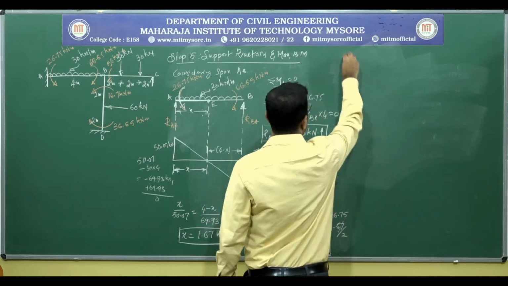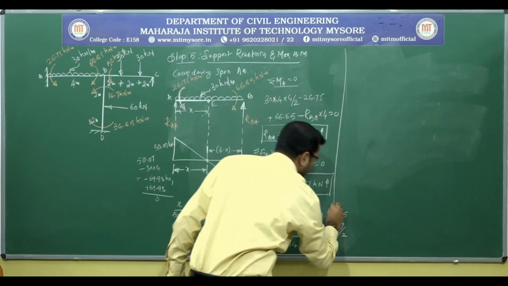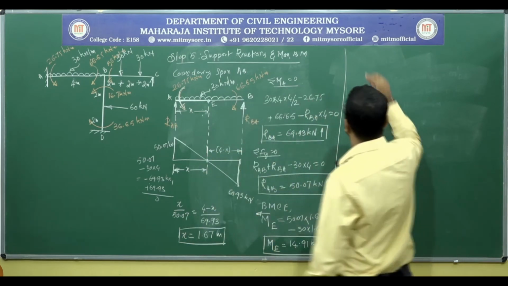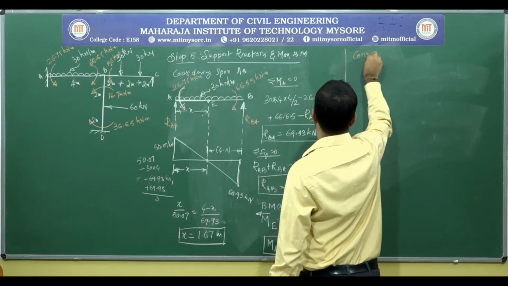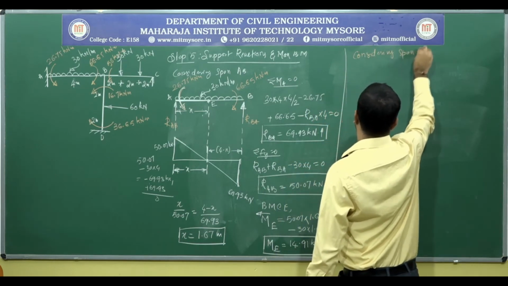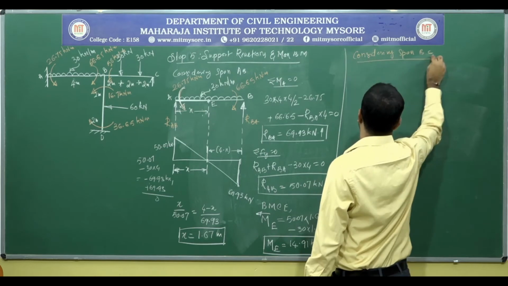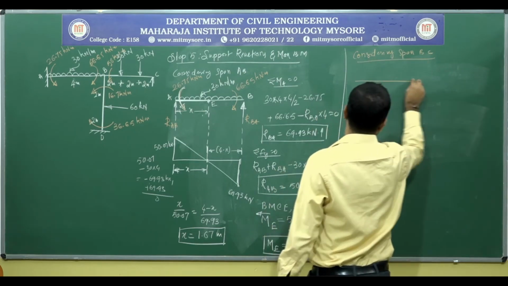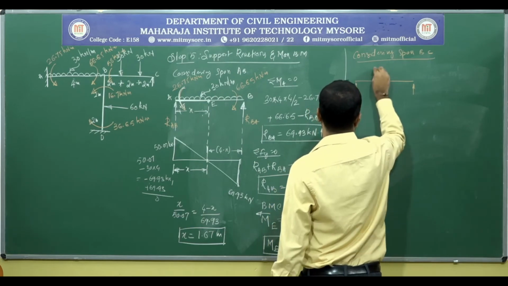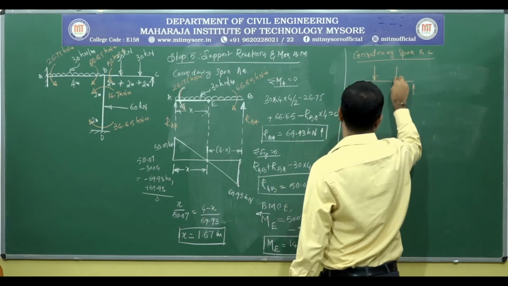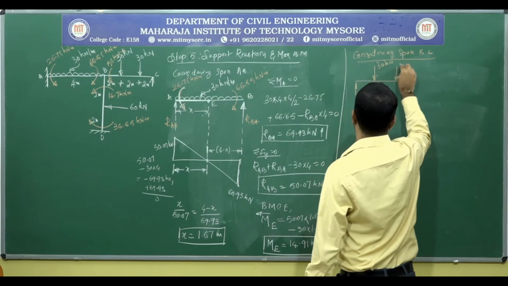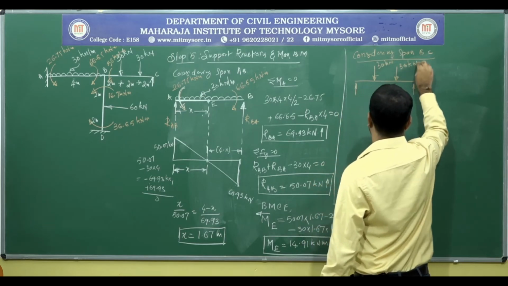Similarly, we need to repeat it for the span BC. Okay. So considering span BC. So here you can see on span BC we have two concentrated loads, each of 30 kilonewton, and this is also 30 kilonewton.